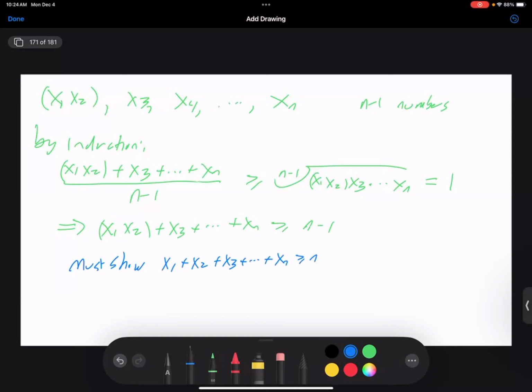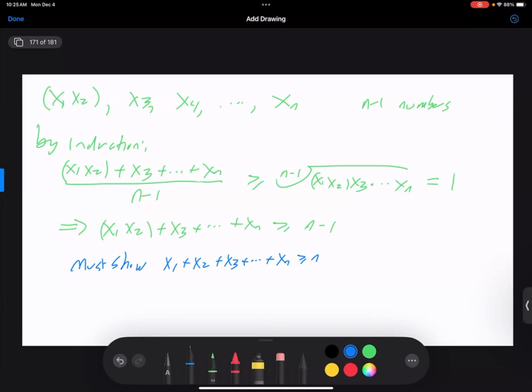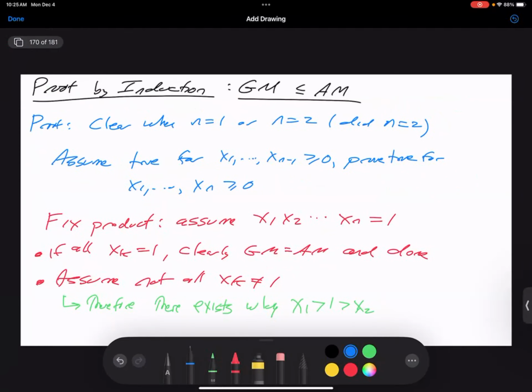Do we know that? No, we do not know that yet. Correct, and one of them has to be strictly larger and one of them has to be strictly smaller. Because if they were all equal to 1, then we know it's trivially true. And as soon as one of them is greater than 1, there has to be something that's less than 1, or the product would not equal 1.